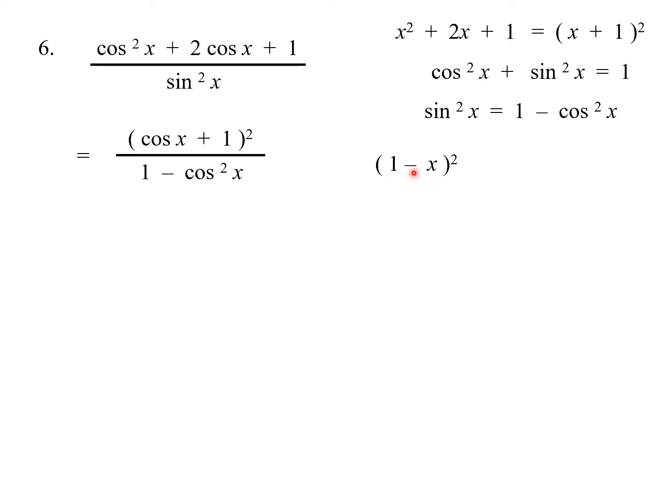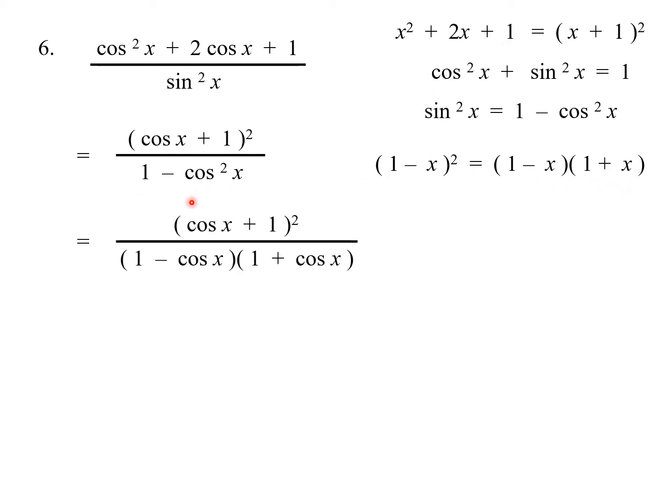And remember our property of algebra, where if I take a difference of perfect squares, that'll be 1 minus x times 1 plus x. Okay? And so now I can write this denominator as 1 minus cosine and 1 plus cosine. All right? A squared minus b squared is equal to quantity a minus b times quantity a plus b. Remember that? Okay, we can apply that to here.